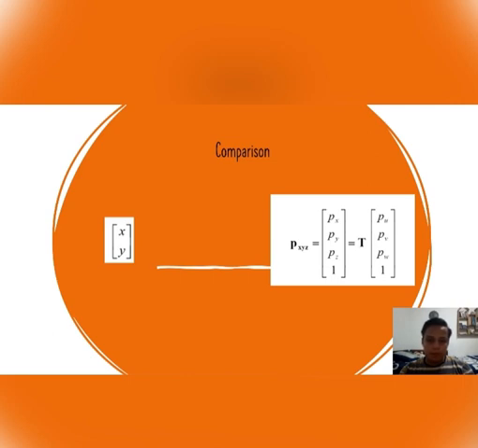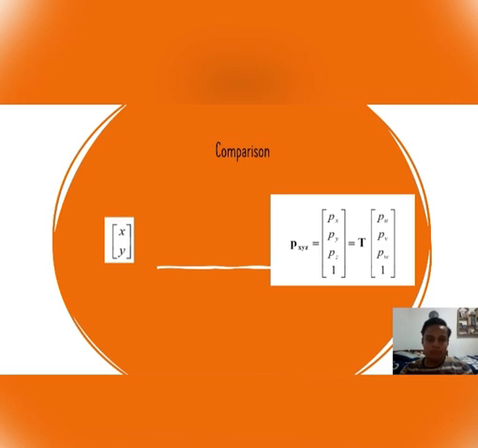Trying to solve the problem using a geometric method turns out to be very inappropriate. The most appropriate thing is to use an approach through linear algebra. For that, we are going to use the homogeneous transformation matrix.